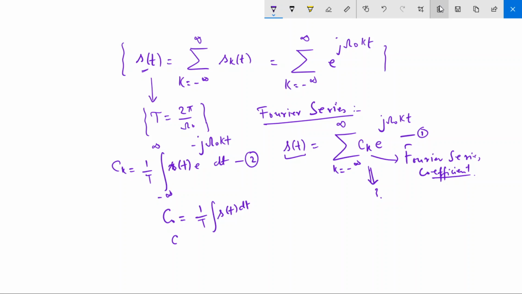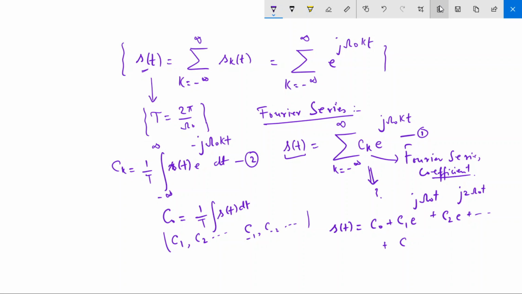Similarly, you find C1, C2, C minus 1, C minus 2, and so on. You get all the coefficients. Once you find all the coefficients for this signal, you put them in this series and you get its Fourier series representation. So s(t) will finally be represented like this: C0 plus C1 e raised to power j omega naught t plus C2 e raised to power j 2 omega naught t, and so on.